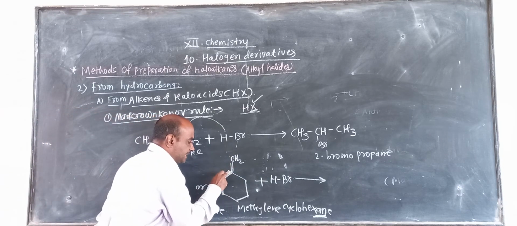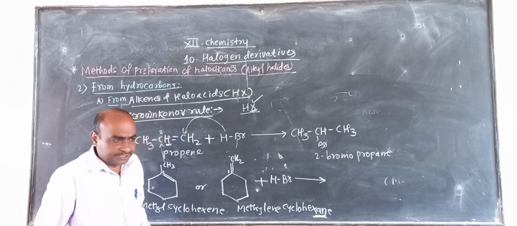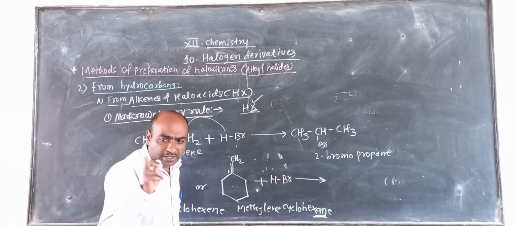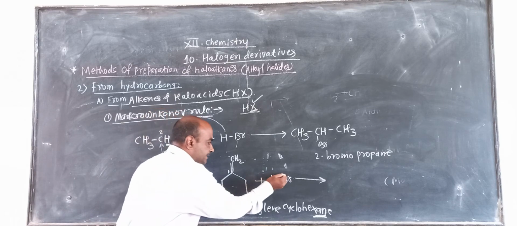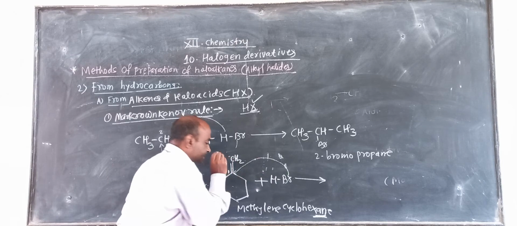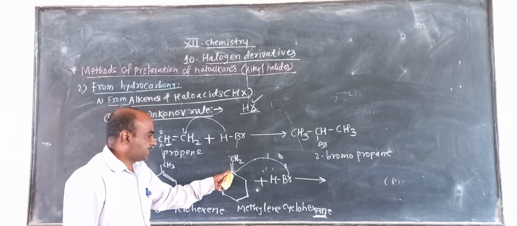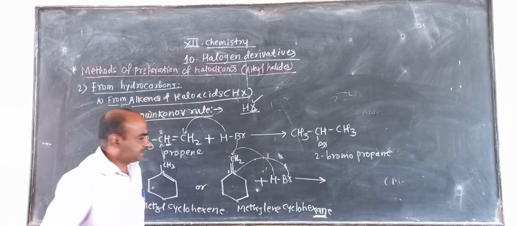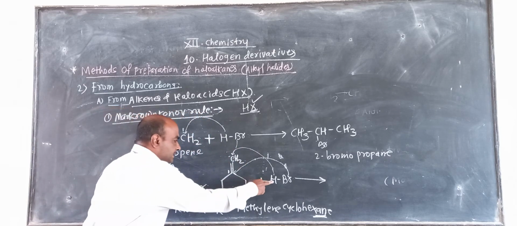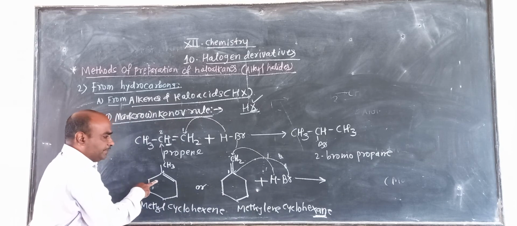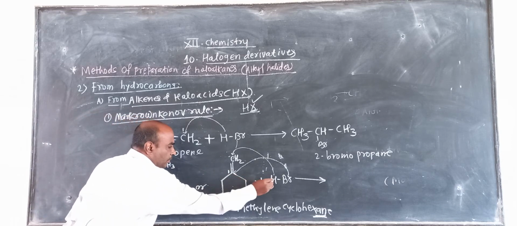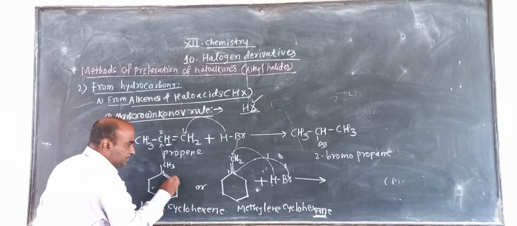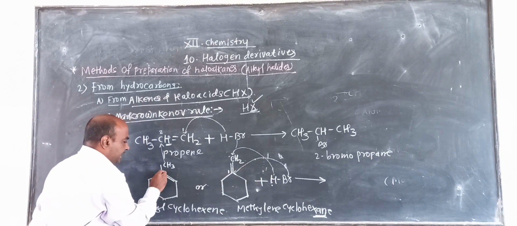If you compare this carbon 1 and this CH2 group, the bromine atom or negative part is attached on the carbon containing less hydrogen, and automatically the remaining hydrogen is added on the other carbon atom. A similar case happens in that example also. Here the hydrogen gets added at that position, and the remaining bromine is attached here.